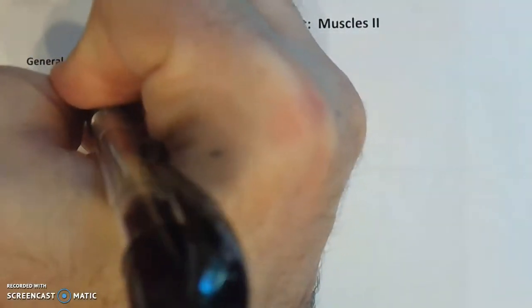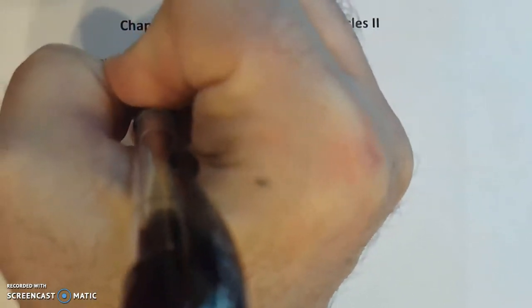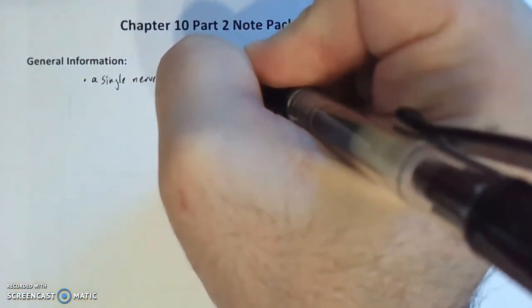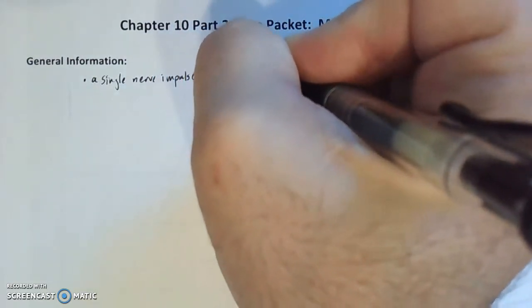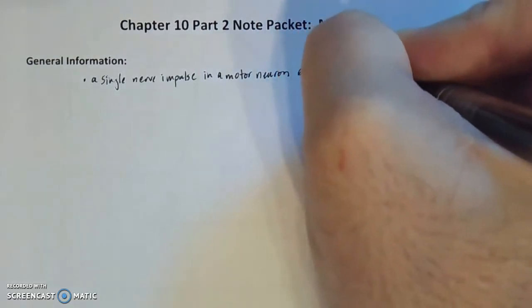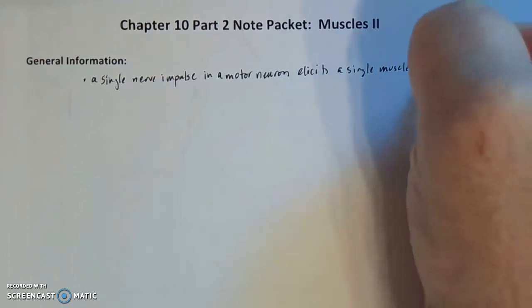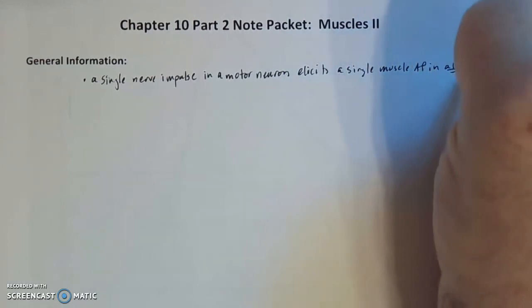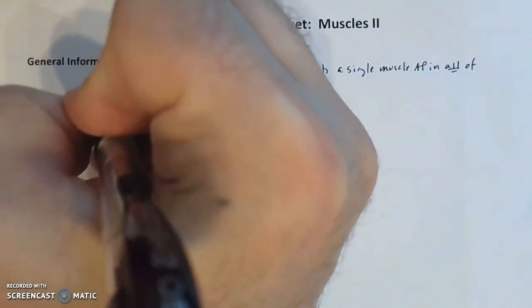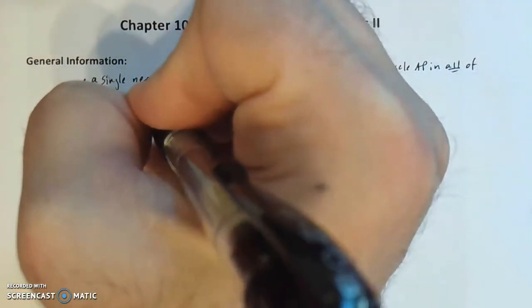So the first thing that we'll say is a single nerve impulse. So an action potential, one action potential in a motor neuron elicits a single muscle action potential in all of the muscle fibers it innervates.